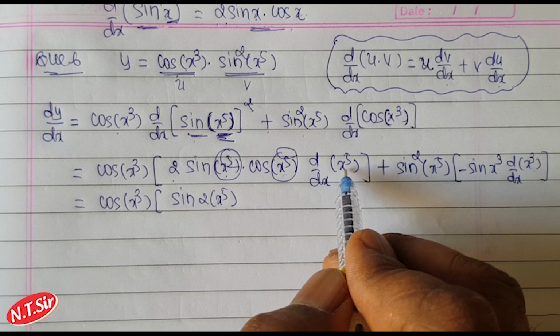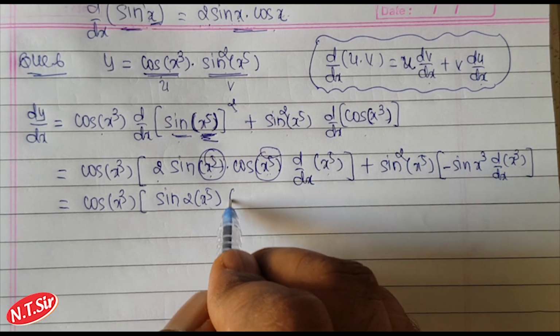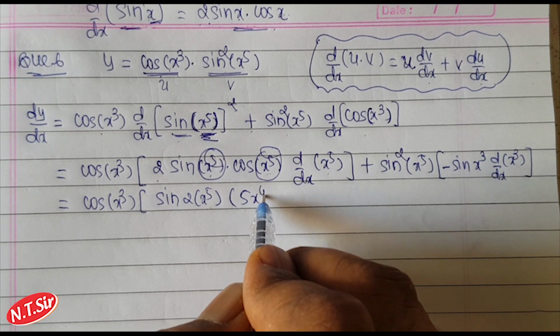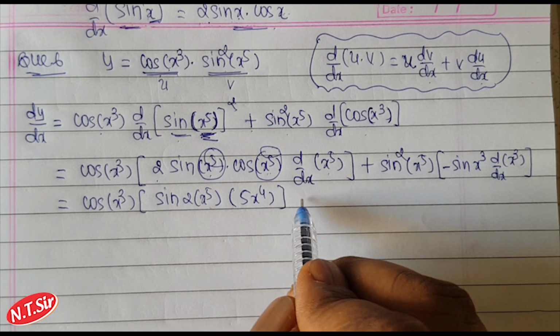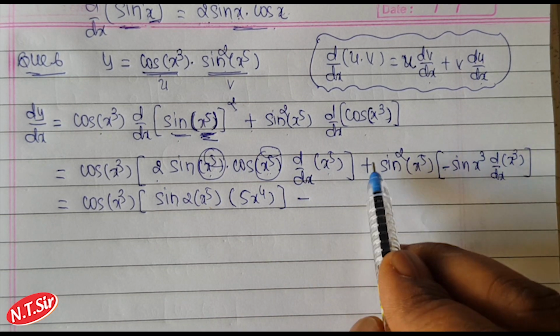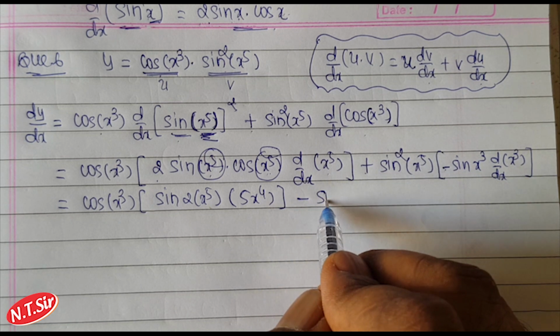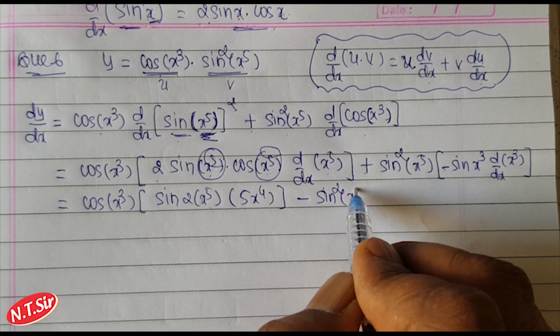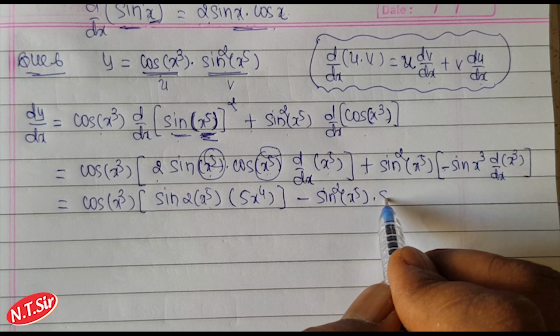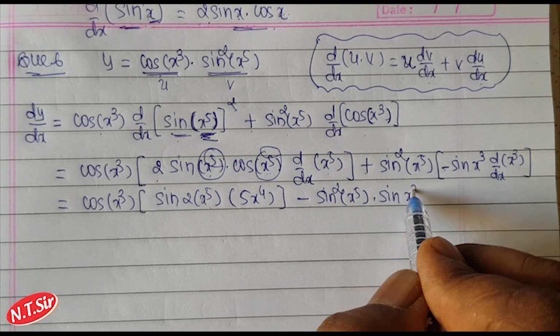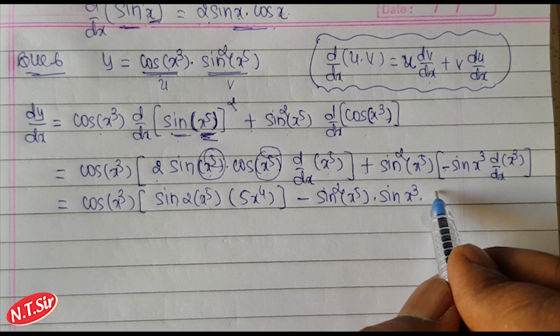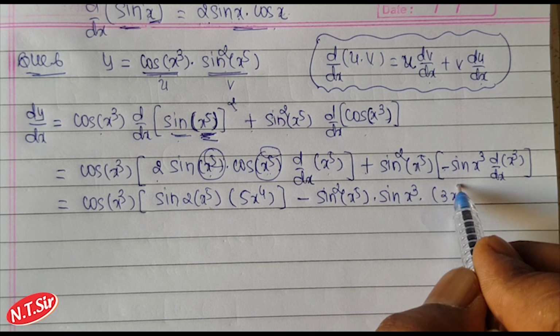Derivative of x raised to 5 is 5 x raised to 4. Minus, this is plus, so in multiplication minus sin square x raised to 5 into sin x cube into derivative of x cube is 3x square.